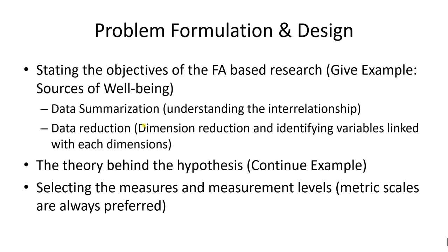Generally, metric scale continuous measures are preferred in factor analysis, but other metric level data can also be factor analyzed using other techniques. Even if you have nominal or ordinal data, some methods are there to arrive at results very similar to factor analysis, though we cannot say factor analysis.